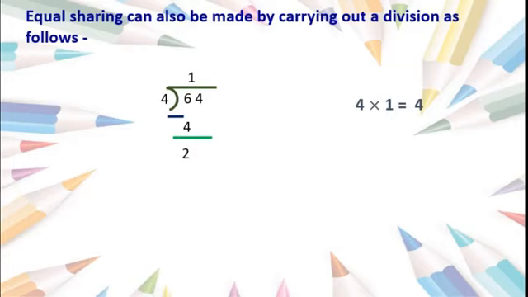Isn't it? Now 2 is less than 4, so we will bring 4 down. So it became 24, isn't it? Now again we will recite the 4 times table. 4 ones are 4, 4 twos are 8, 4 threes are 12, 4 fours are 16, 4 fives are 20, 4 sixes are 24.